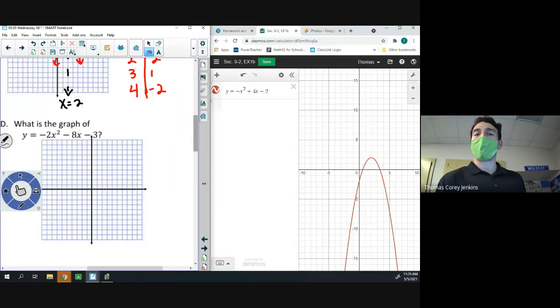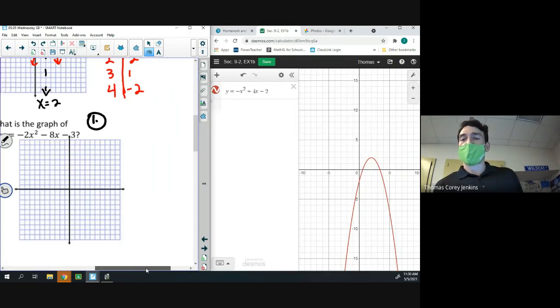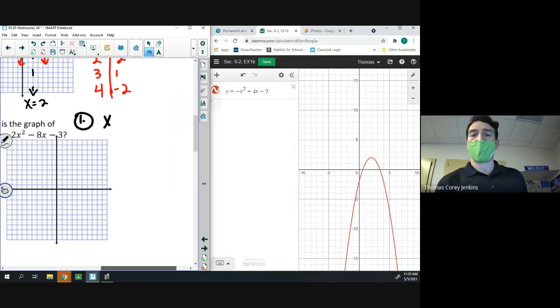All right, so step one, I'm skipping example C. I probably won't work that one out in class, but it is on the filled out notes. If you want to try that one on your own, it probably wouldn't be a bad idea. So we're skipping to D, looking at y equals negative 2x squared minus 8x minus 3. The first question is going to be, what's my axis of symmetry? All right, I'll put a clue up on the board.